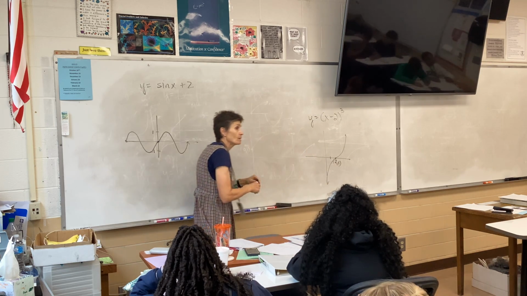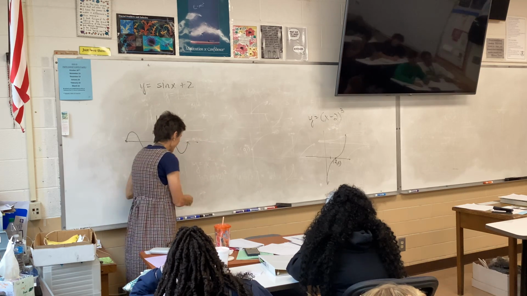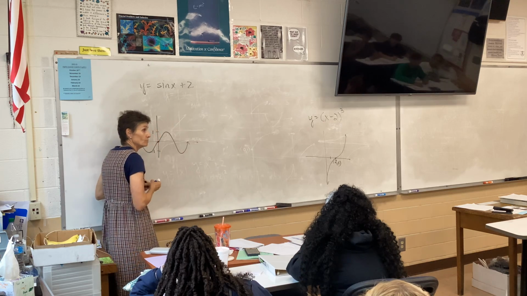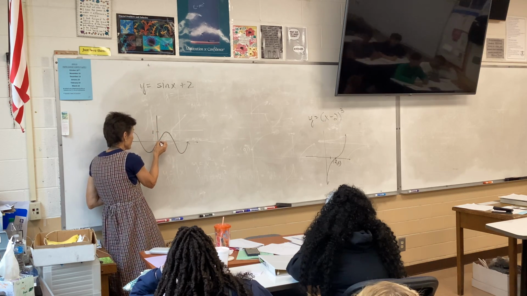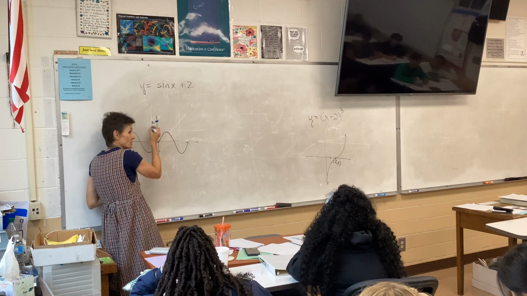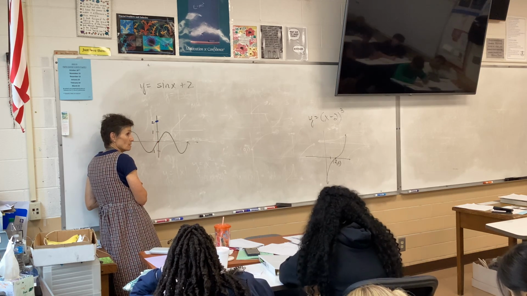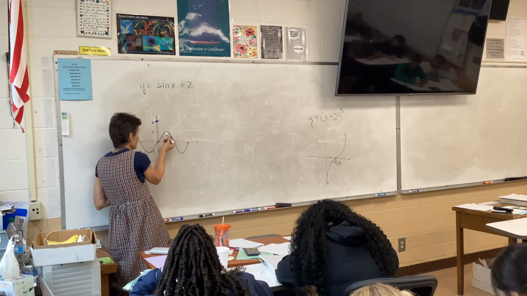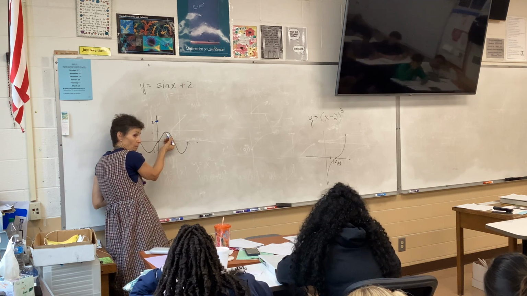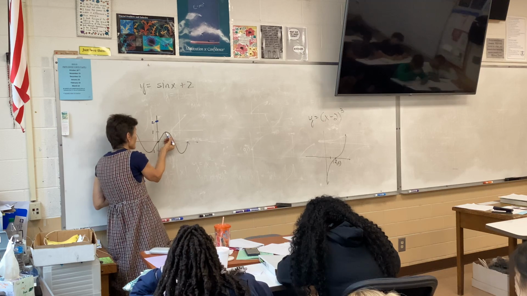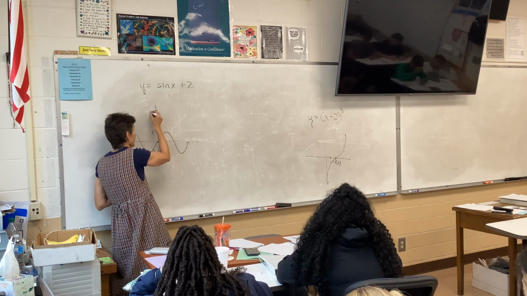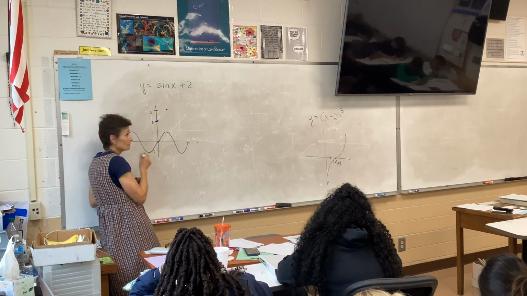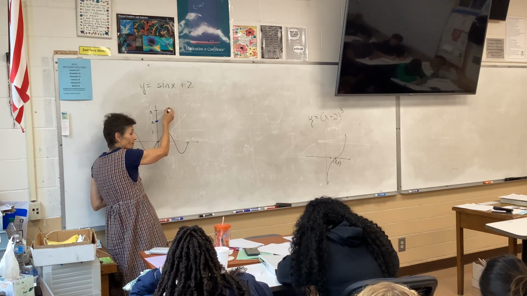Now, we're going to take every single one of these points, cut it out and paste it up 2. So this isn't going to be the origin now, is it? It's going to be up here at 2. That point's now up here at 2. Now, this point right now is up 1, so it's actually going to be up at 3, right? 1 up 2.